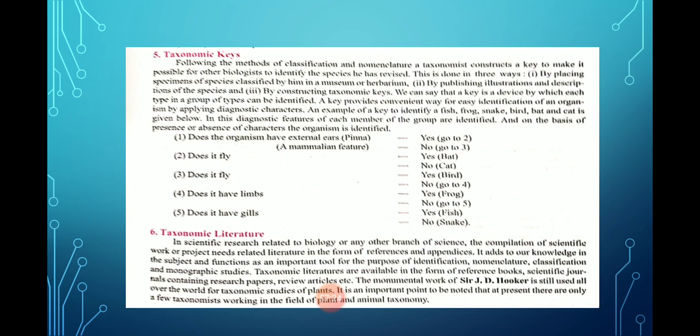Lastly, the taxonomic literature: the works of various scientists, whether it is a botanist, microbiologist, or a zoologist, is compiled in the form of projects or appendices and references known as taxonomic literature. It contains various research reference books, scientific journals, research papers, and articles from which we can get the information of taxonomy of different plants and animals in different fields. Thus, ending up with these tools which help in making taxonomy.